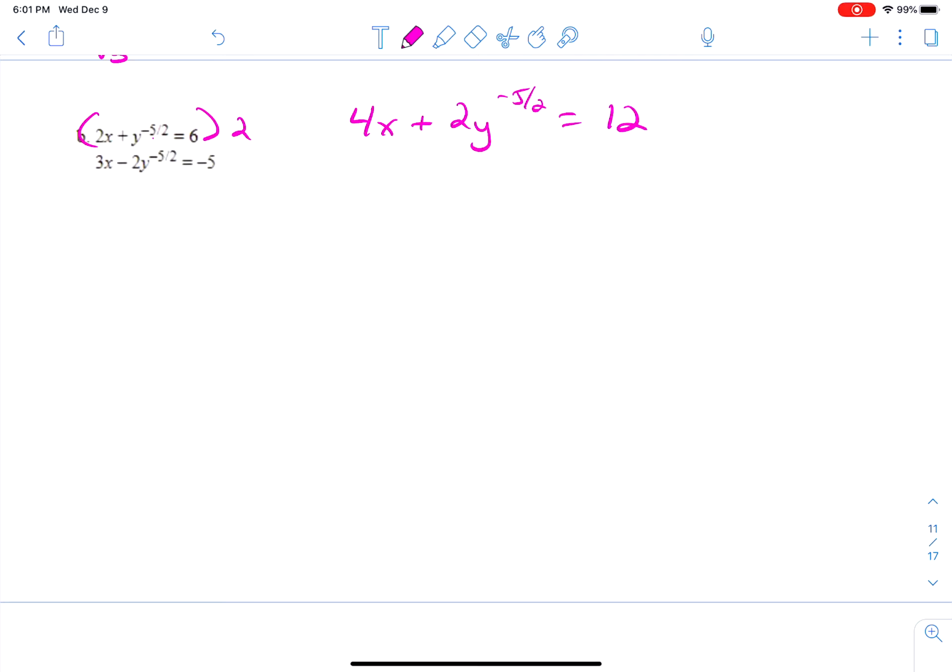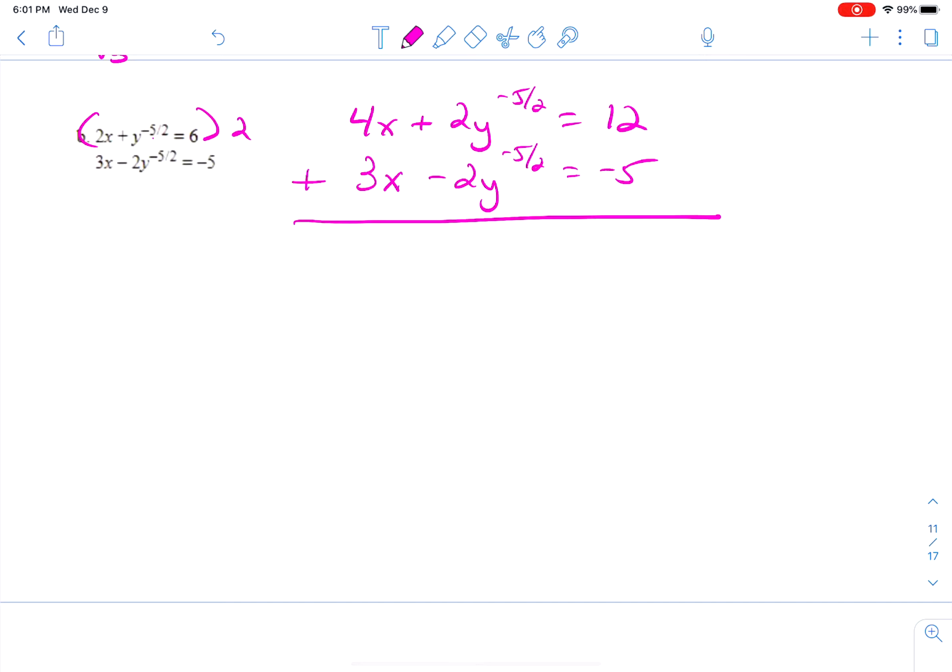And I'm going to leave the bottom equation alone. So if I add these lines together using elimination, my y terms cancel each other out. So I'm left with 7x equals 7 and x equals 1.